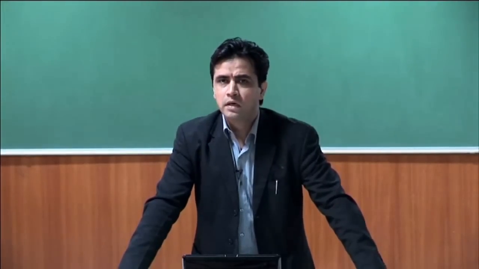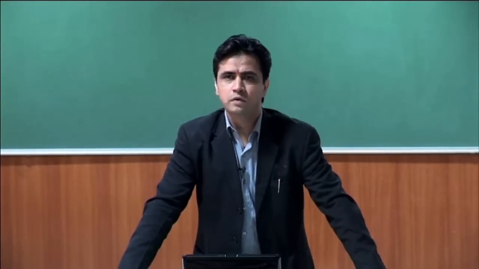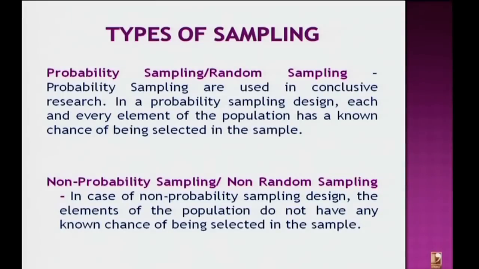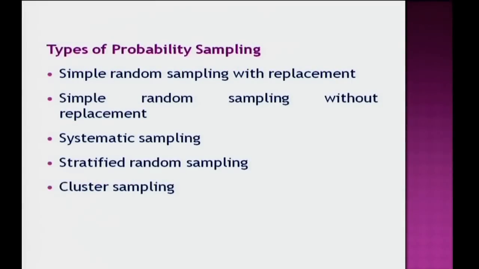It will be the researcher's discretion to decide which element to include and which not to include. Moving to probability sampling first, the types include simple random sampling with replacement, simple random sampling without replacement, then systematic sampling, stratified sampling, and cluster sampling.